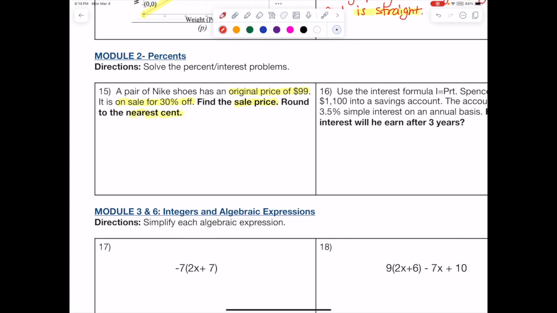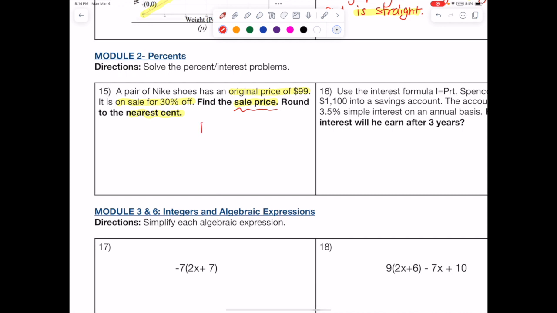Okay, so let's go ahead and think through this a little bit. We're 30% off. So you have to ask yourself the question, if we're finding the sale price, do you want to find what 30% is, or do you want to find out what the leftover is after we remove the 30%?